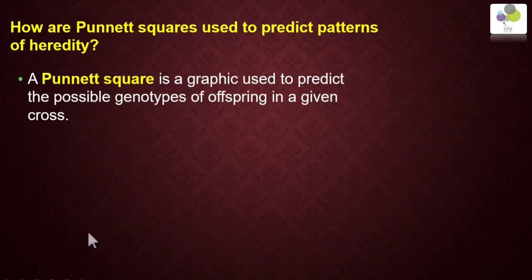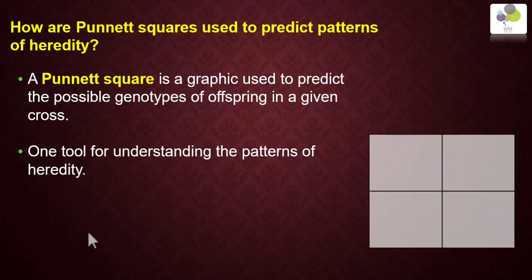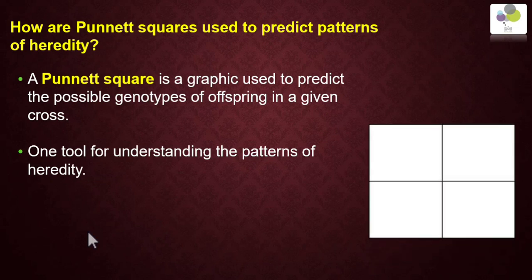Okay, so let's start, guys. What is Punnett square? Punnett square is a graphic used to predict the possible genotype of offspring in a given cross. What does it mean? So Punnett square, as you can see, guys, in this picture, we have four squares beside each other. We use this tool to understand the pattern of heredity.